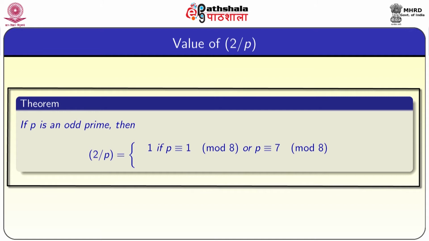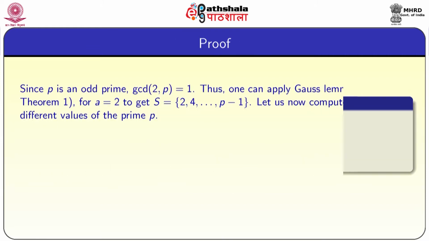So, the theorem statement is that if p is an odd prime, then (2/p) is equal to 1 if p is congruent to 1 mod 8 or p is congruent to 7 mod 8, and it is equal to minus 1 if p is congruent to 3 mod 8 or p is congruent to 5 mod 8. So, we covered all the primes now. We computed the Legendre symbol (2/p) for all primes p. We are going to prove this result now.